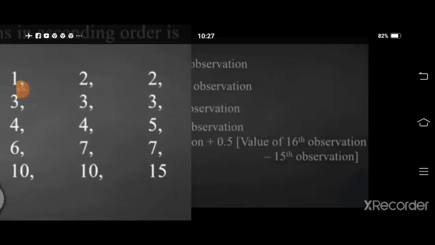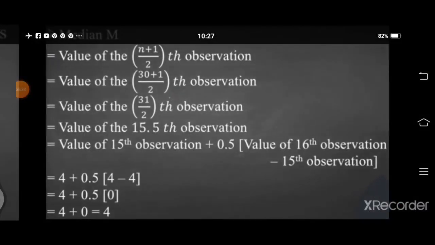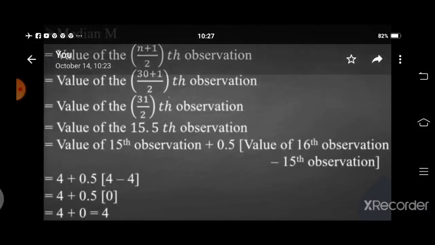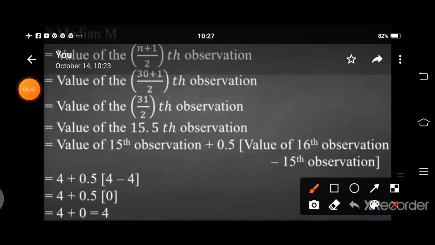Now write down into the formula 4, then plus 0.5. Then the 16th observation is also 4, what we have arranged in ascending order. Then the 15th observation we know is 4. Write down 4 as it is, plus 0.5 into 4 minus 4 would be 0.